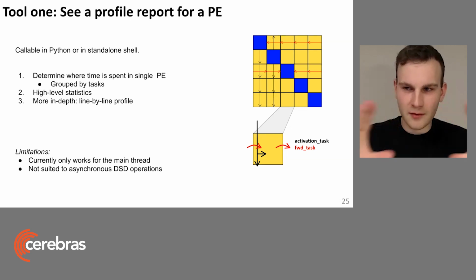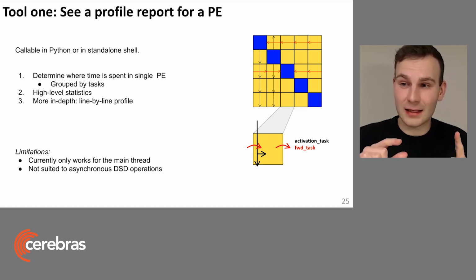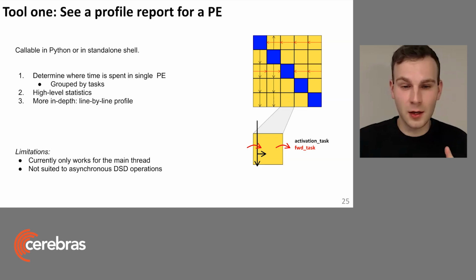So we just look at this one element, and then we collect some high-level statistics. A wavelet comes in, triggers a task, and now we want to know, well, how long does this task usually run? And so on. And when you want to drill down, we have some more in-depth statistics for a line-by-line profile of each of these tasks.